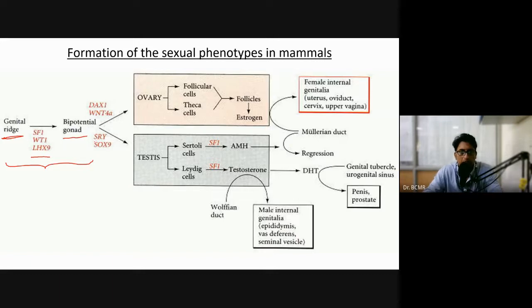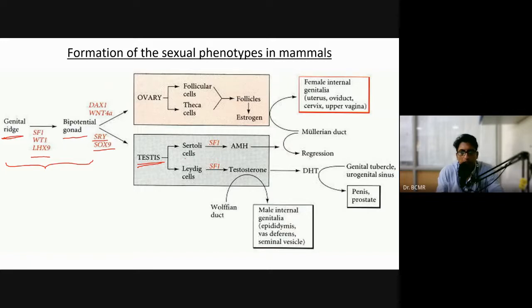But in males, when there is SRY, there will also be an expression of SOX9, and then the bipotential gonad will differentiate structurally into testes.